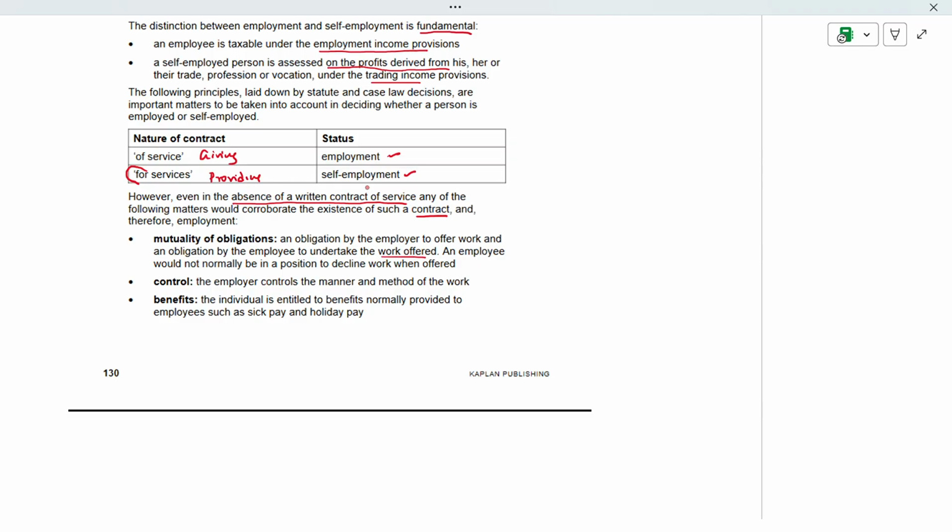An employee will not normally be in a position to decline work when offered. Whatever they say, you have to do.